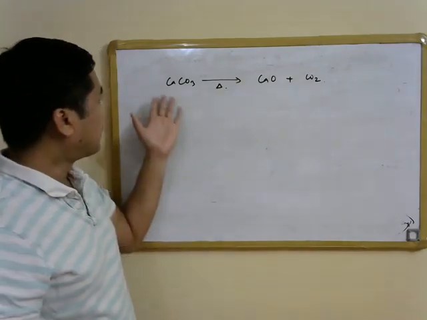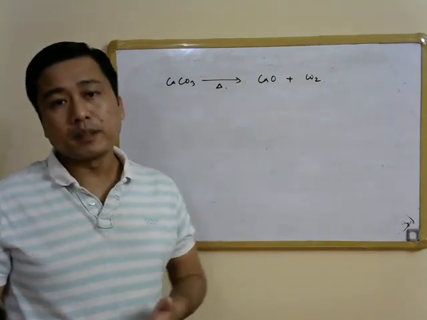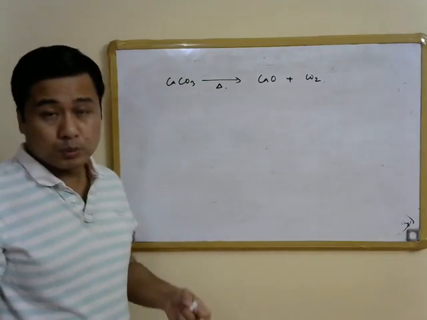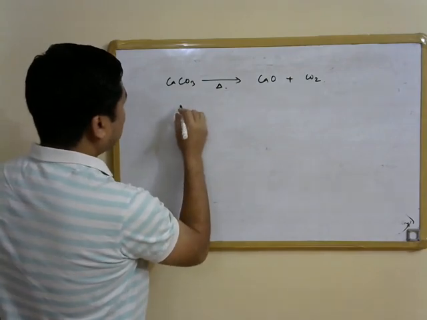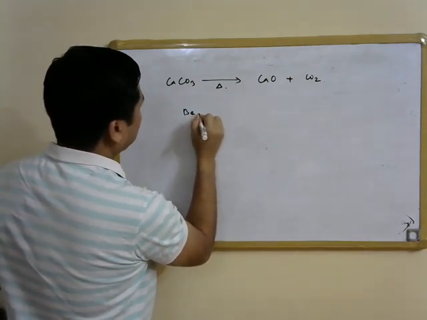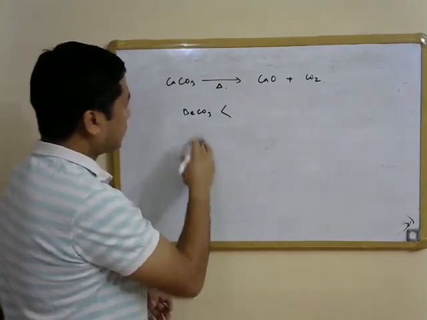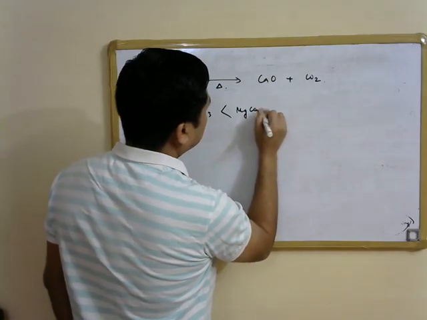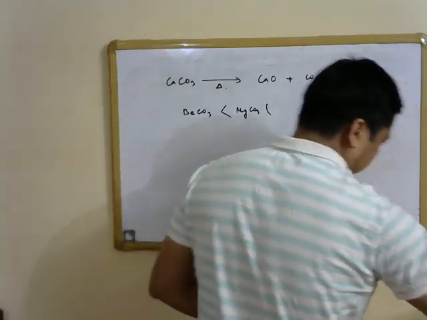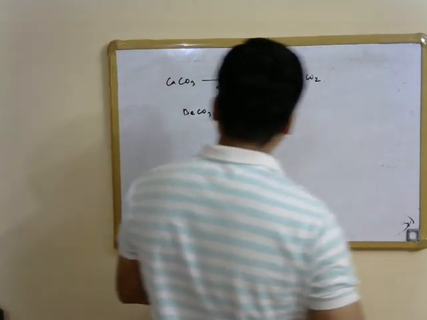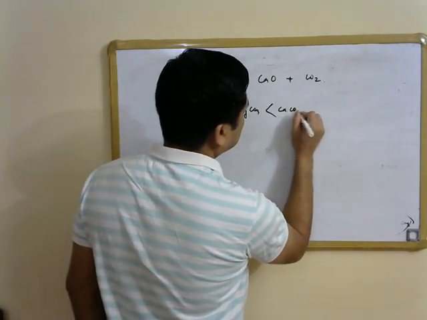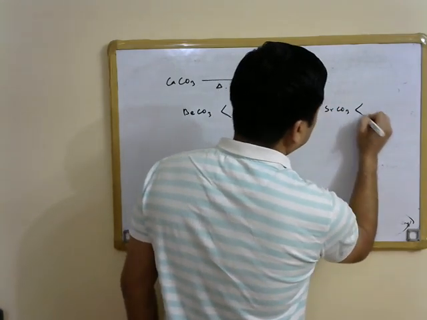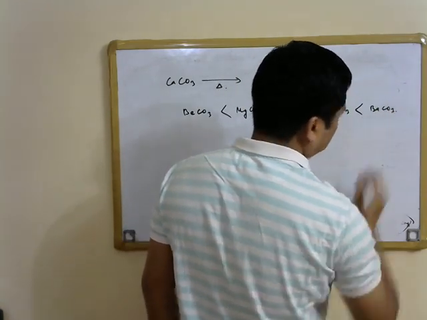The stability of the carbonates increases as we increase the atomic number of the group 2 element, or heavier elements essentially give more stable group 2 carbonates. So the stability increases in this way: beryllium carbonate, because beryllium is the lightest, then magnesium carbonate, then calcium carbonate, strontium carbonate, barium carbonate.